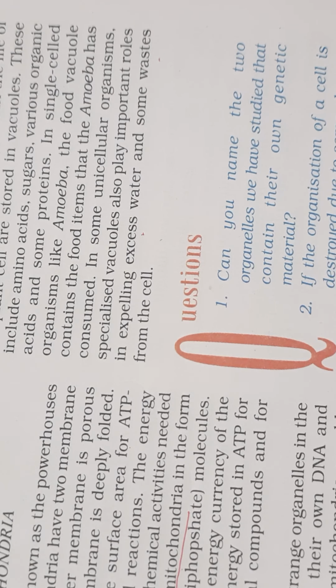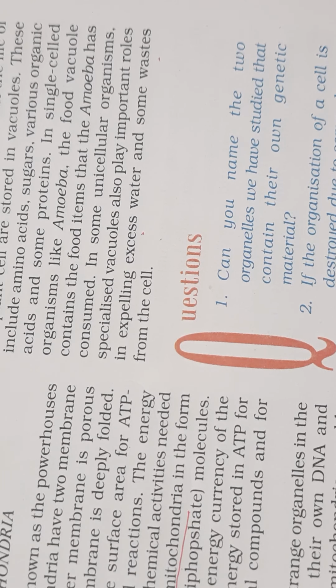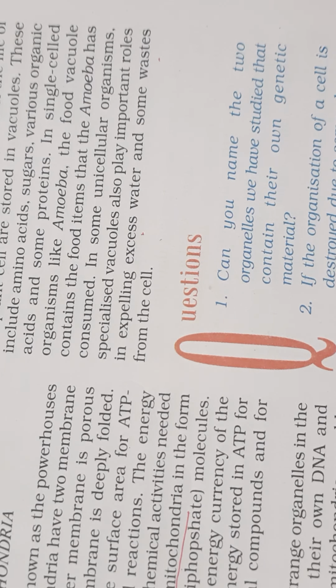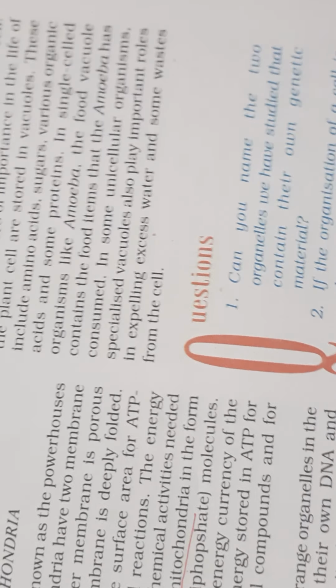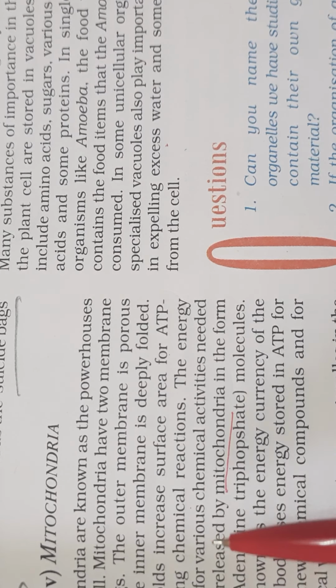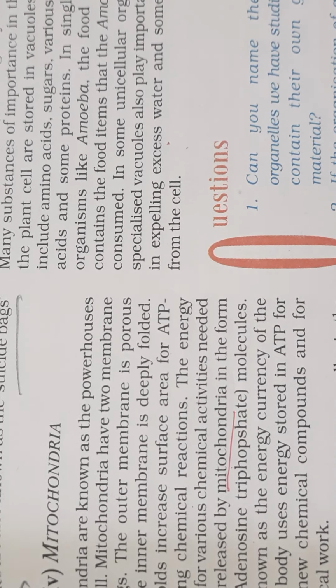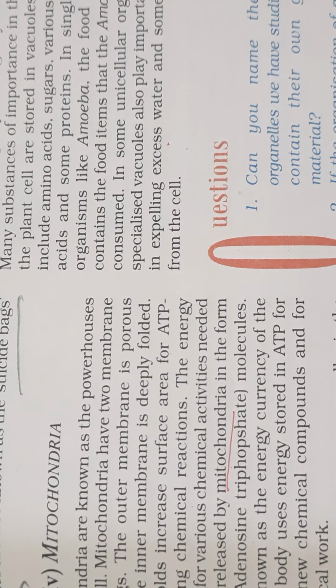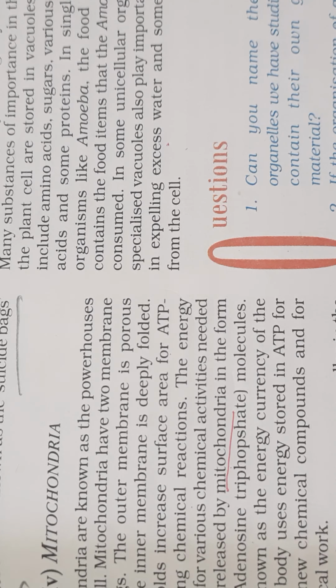Now you have studied that a cell acquires its structure and has the ability to function because of the many organelles which are present in the cell. We have studied about various organelles: mitochondria, plastids, Golgi bodies, lysosomes, and all these.